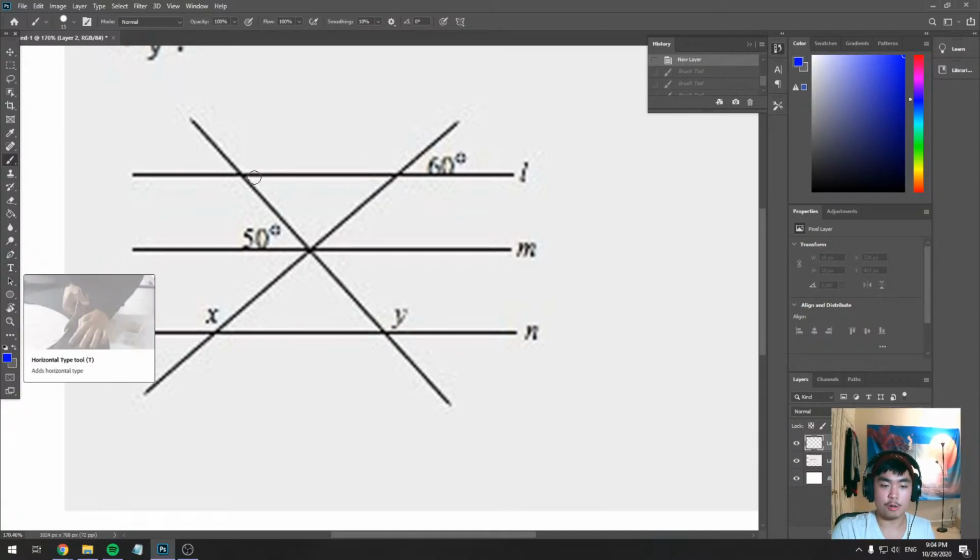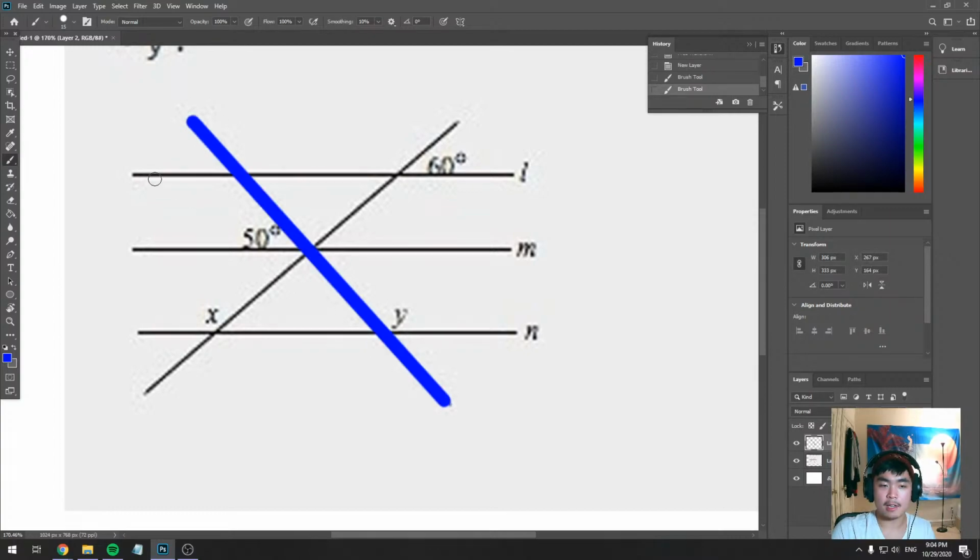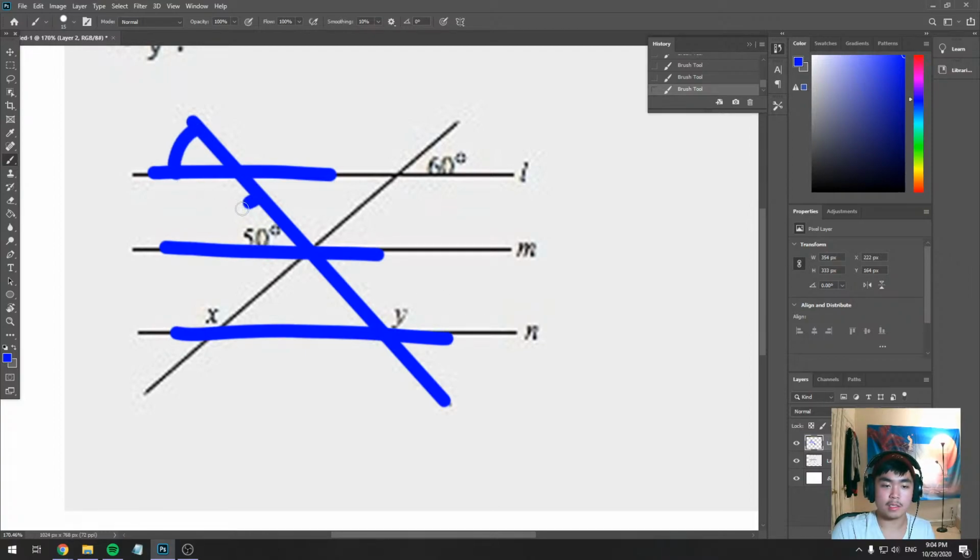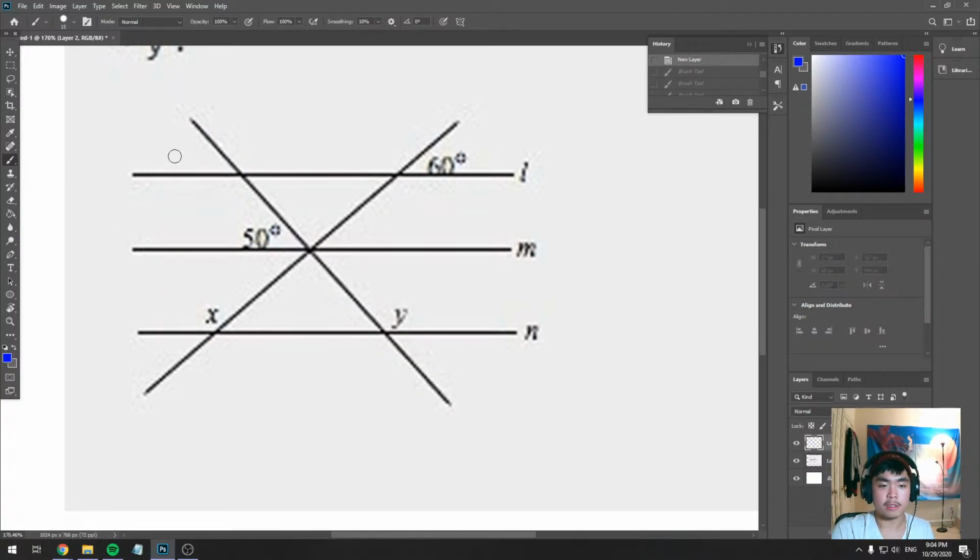So notice, for example, parallel lines right here. This angle corresponds to this angle, corresponds to this angle, meaning this is 50, this is 50.